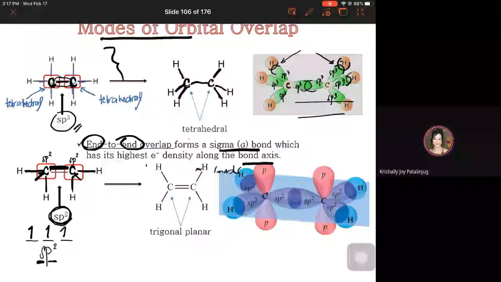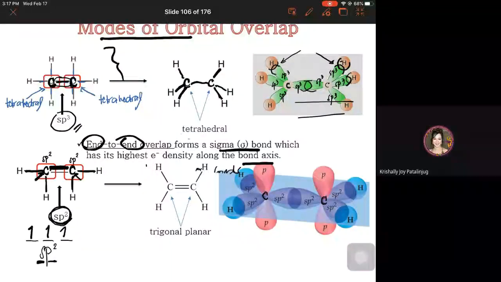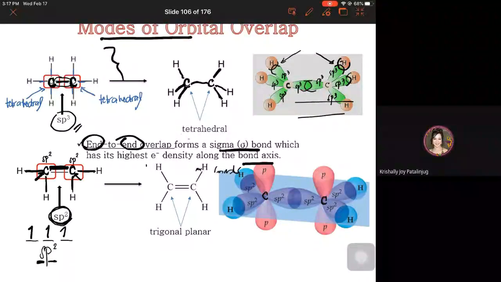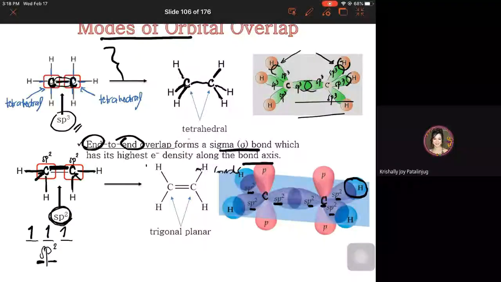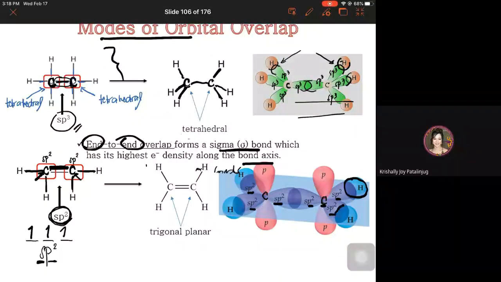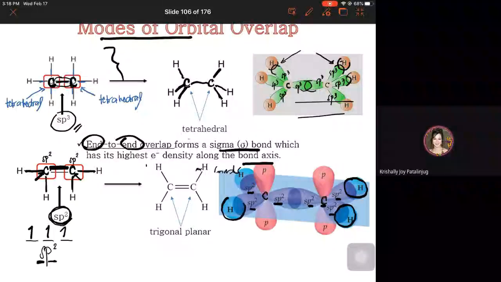Again, each carbon, sabi natin, sp2 hybridized. Since sp2 hybridized, meron siyang tatlong sp2. Itong carbon din, meron siyang tatlong sp2. Dalawa sa sp2, it forms an overlap with the s orbital of hydrogen. Ibig sabihin, meron tayong dalawang sigma bonds na carbon to hydrogen for each carbon.